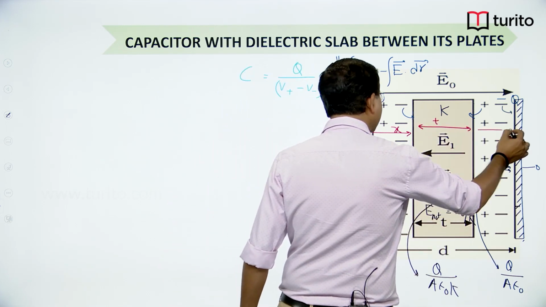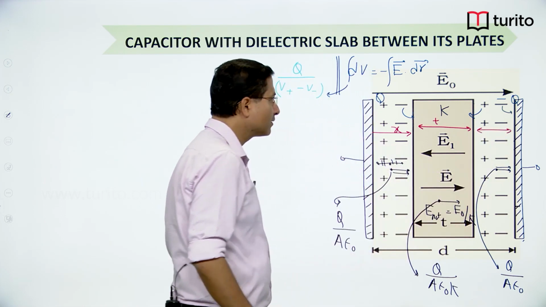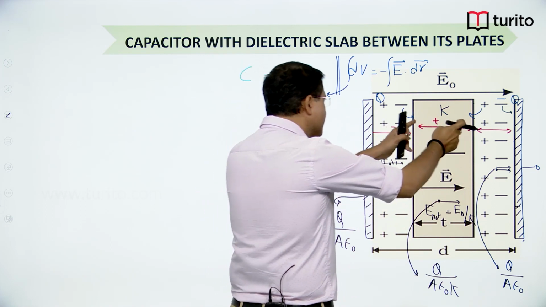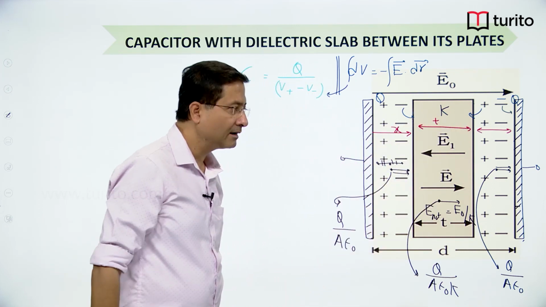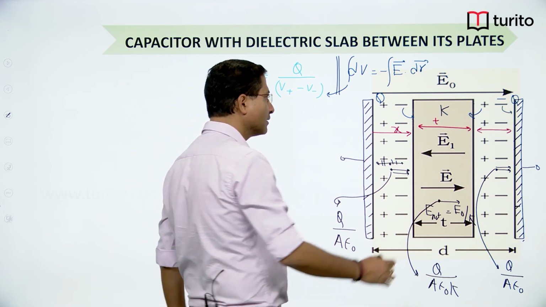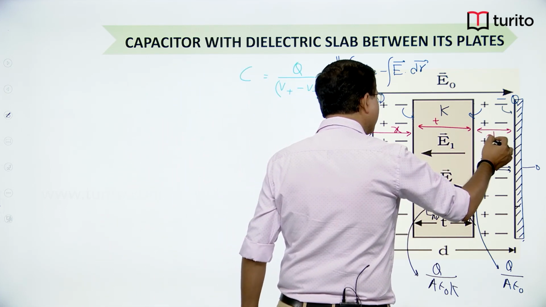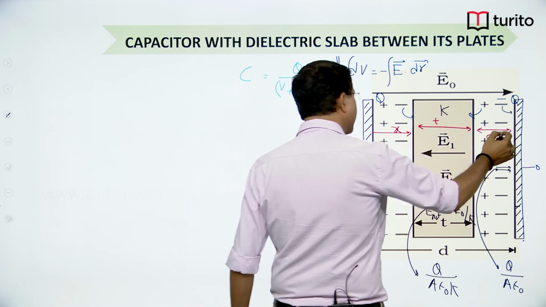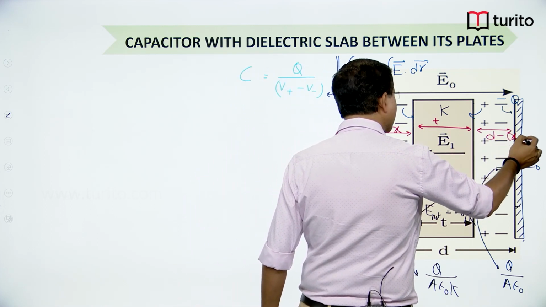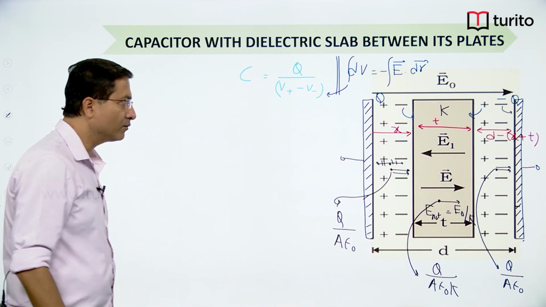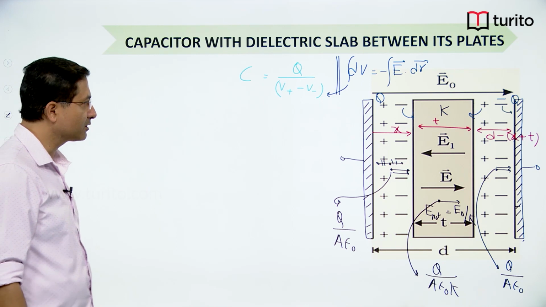What would be remaining, that I can find out. This total is d, this is x, this is t, you can subtract that and you will get d minus (x plus t). Okay. Now we are ready to find the potential difference.